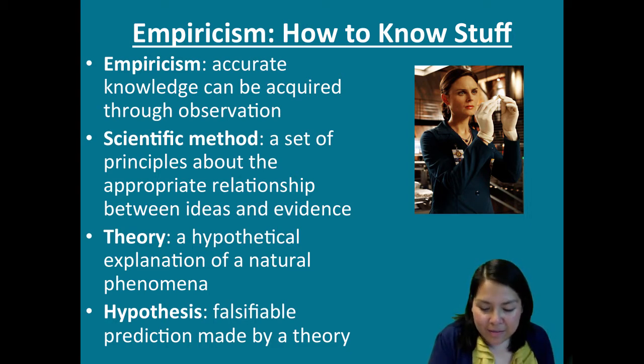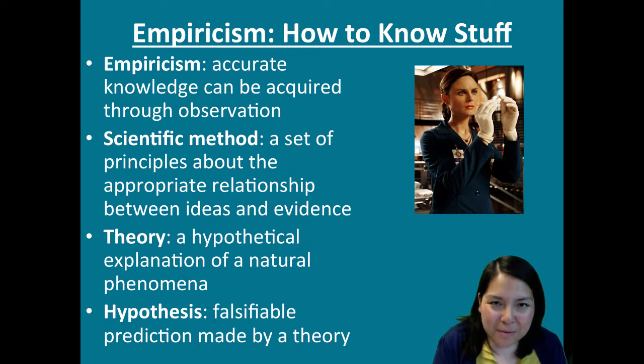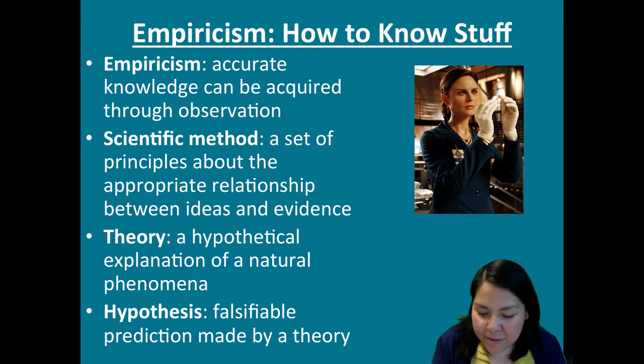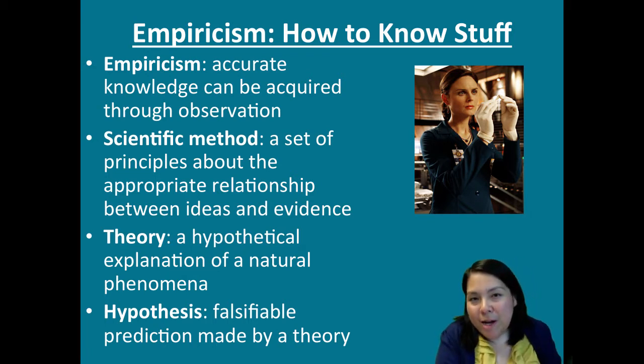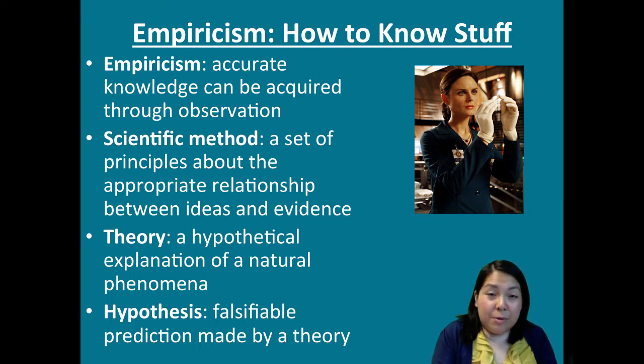Something that is falsifiable does not mean that it is false, but rather that if it is false, then observation or an experiment will at some point demonstrate that it is false. Theories attempt to explain why phenomena happen, but hypotheses are those specific hypothetical guesses that are usually derived from a theory.